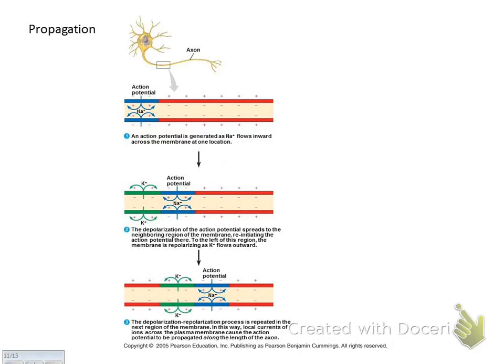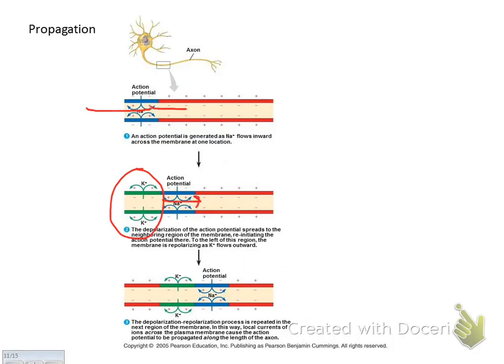But really what's happening is, the impulse is traveling down, and right there where it's blue, the sodium is flooding in. As the impulse continues to go, where that red line is, the sodium is still coming in, but behind it, the potassium's going out. The other side of the neuron is repolarizing as it's still going down.